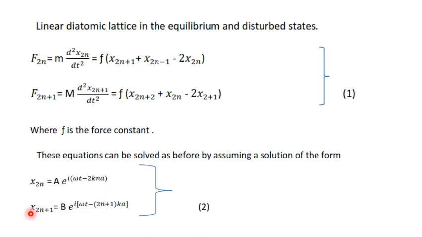Similarly, for x2n plus 1, this is for mass capital M, this is for small m, and this is for capital M. Therefore, capital B into e power i omega t minus 2n plus 1 ka. So here two cases arise in the diatomic. In the case of monoatomic, there is only one case.